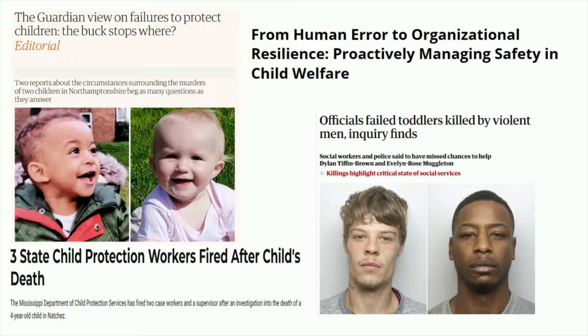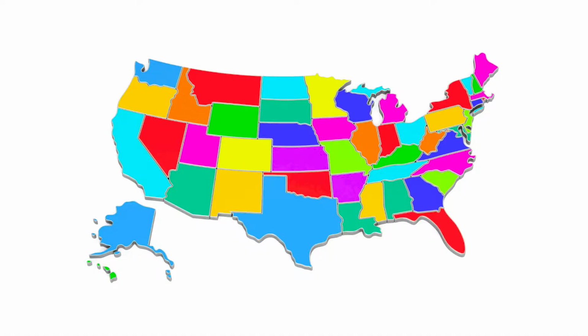little further. Each U.S. jurisdiction follows its own local practices and policies to decide whether to screen in, that is to investigate, or to screen out, that is to take no further action.